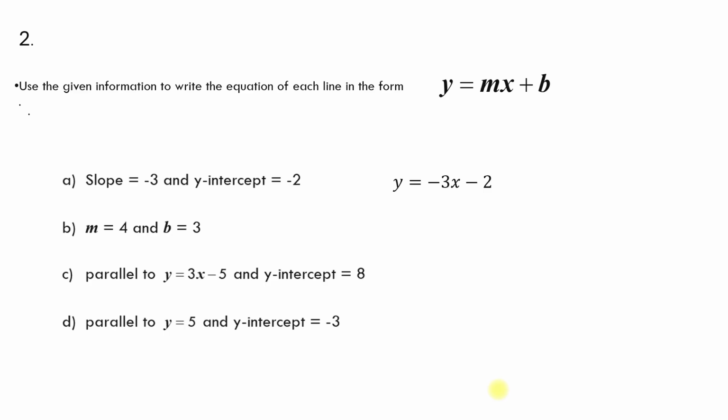In question B, it's asking the same thing, but instead of calling it slope, it refers to it as m, which is the same thing. And instead of calling it a y-intercept, it refers to it as b, which again is the same thing as y-intercept. So we have enough information to simply write y equals 4x plus 3.